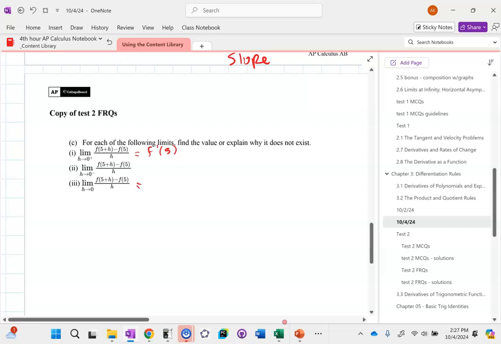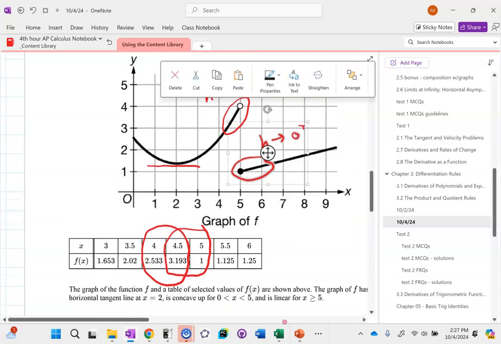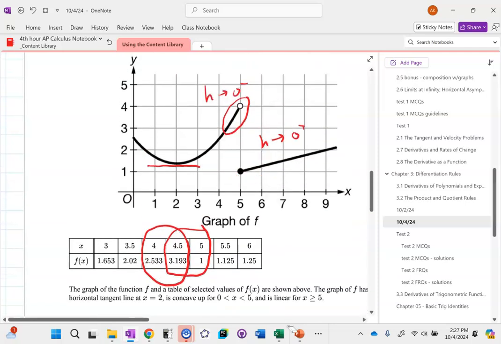So this we know right away does not exist because f is not continuous at x equals 5. The slope from the right is easy because this is a linear function, so the slope there is constant, so I just do rise over run. I went 1, 2, 3, 4 over and 1 up.